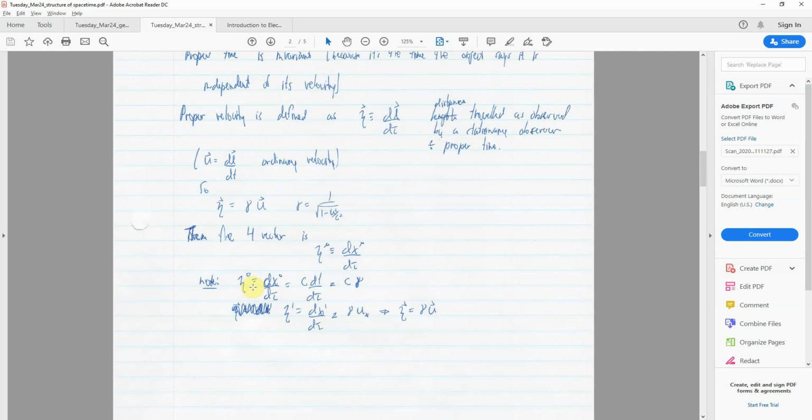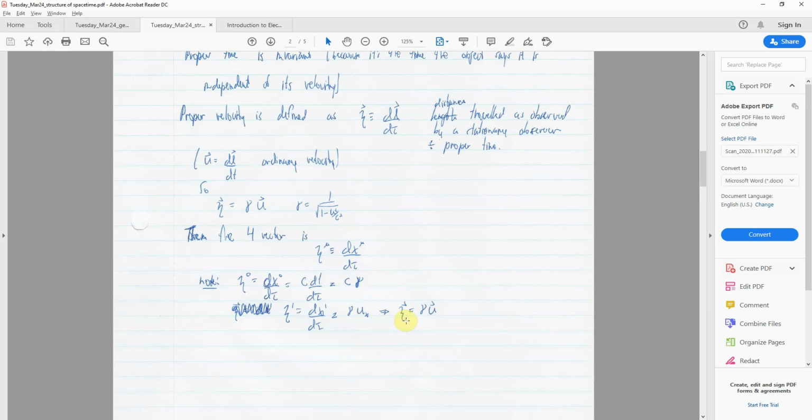So if we think about the 0th component, eta 0 is going to be dx0 by the derivative of the proper time, and that's going to give us c times dt by d tau, and so that's c gamma. The first component of eta, so the spatial component, is dx1 divided by d tau, which is going to be gamma ux, so the velocity in the x direction.